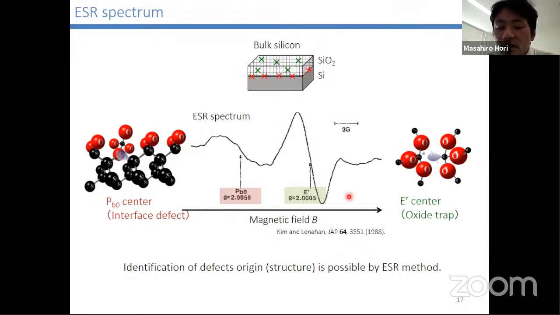The right side peak is due to the oxide trap called the E prime center, which is shown with green crosses in this figure. So by using the ESR method, the electron spin resonance method, we can identify the defect origins, namely the defect structure, as shown in this figure.